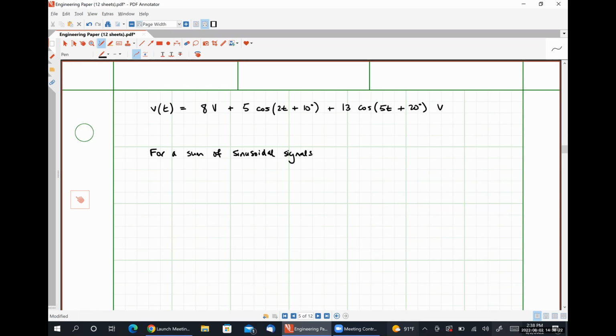If we ever have a signal that is comprised of the sum of sinusoidal signals, the effective value, V effective, is simply the square root of V effective for omega naught squared plus V effective for omega 1 squared plus V effective for omega 2 squared, etc.